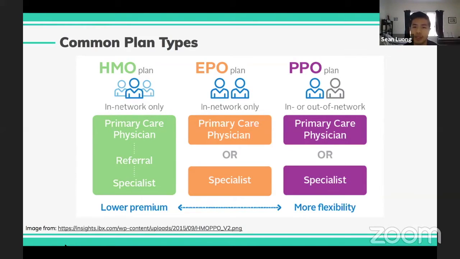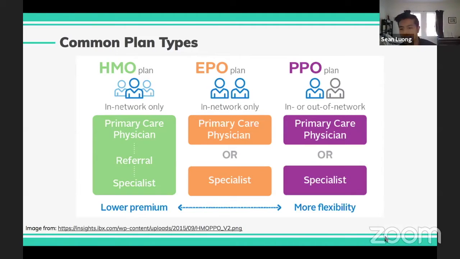Whenever you need any kind of medical care, you first see your primary care physician. Then if you need to see somebody else, like a cardiologist, for example, the primary care physician will send a referral to see somebody else. You can only visit providers that are in the network, and they won't pay for healthcare outside of the network unless it's an emergency.